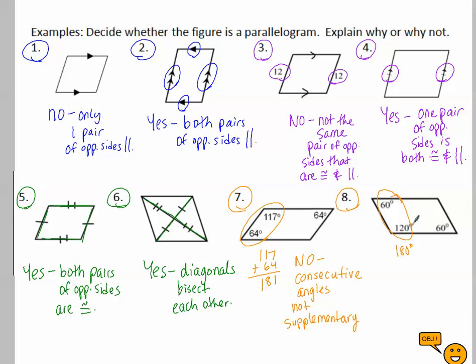So not only will I add those two up, but also I'm going to add those two up, 120 and 60, another 180 degrees. So I do see that, yes, the consecutive angles are supplementary.